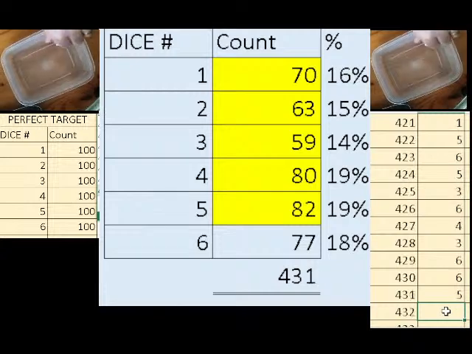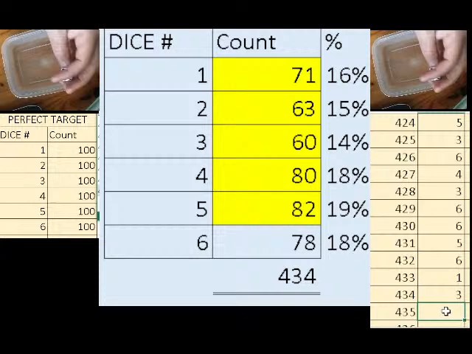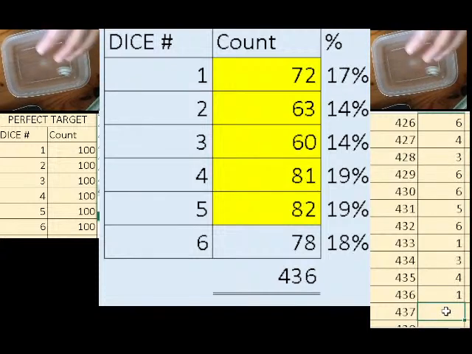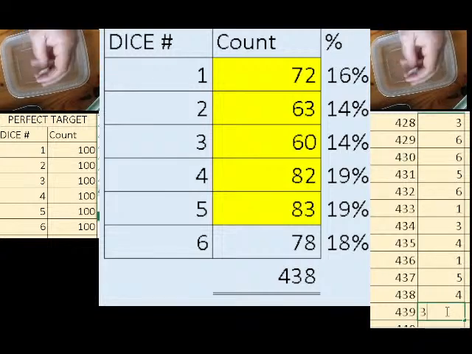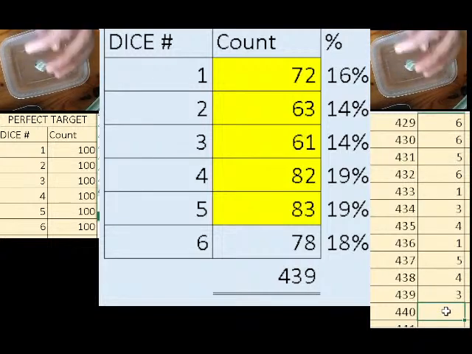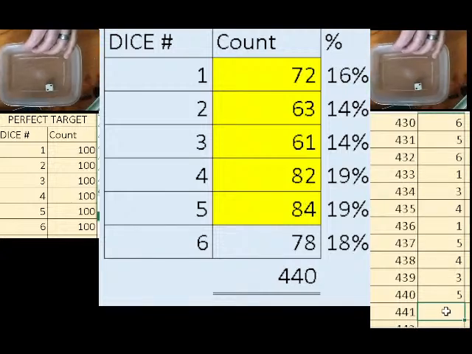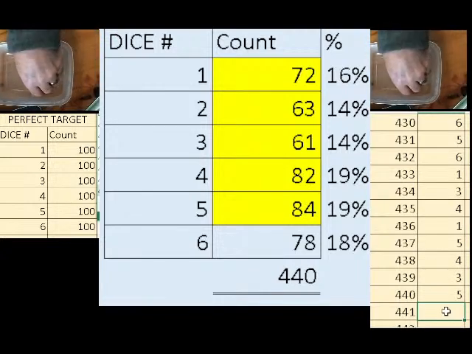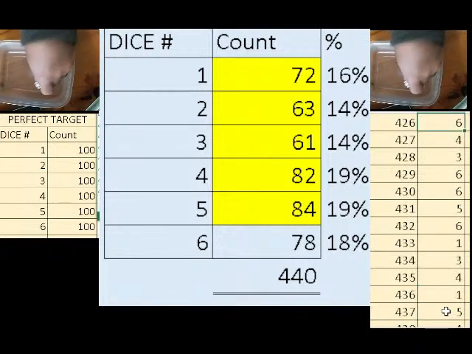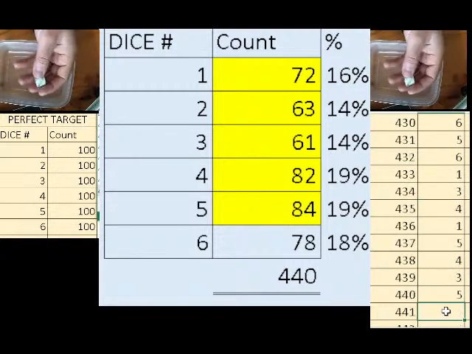Getting there. So it's not an impossible task. Yo. Oops, that was a 2.